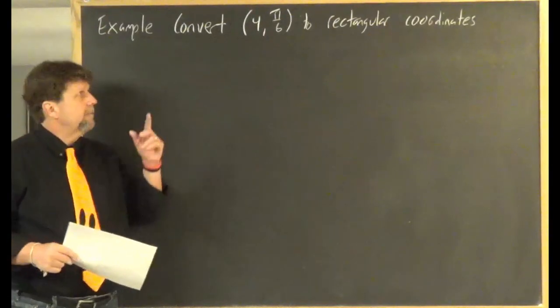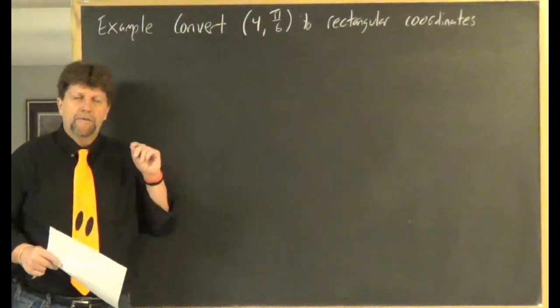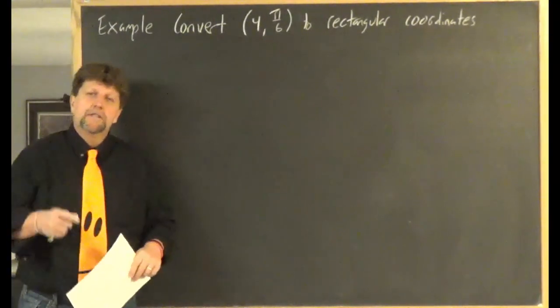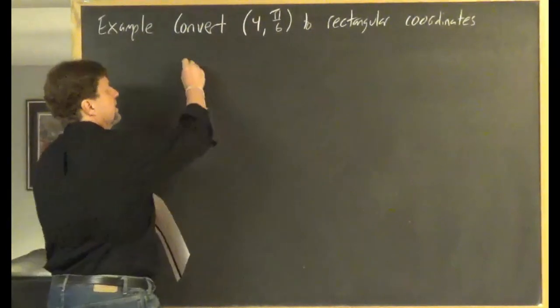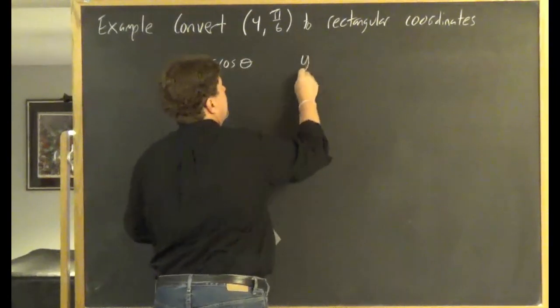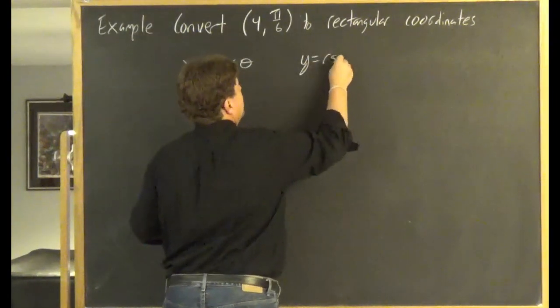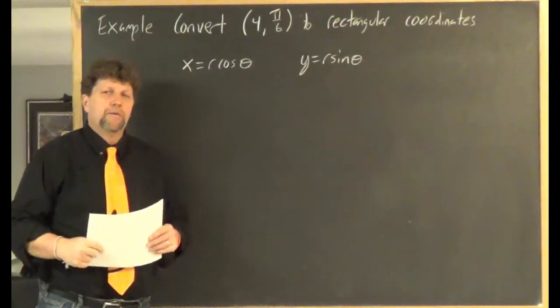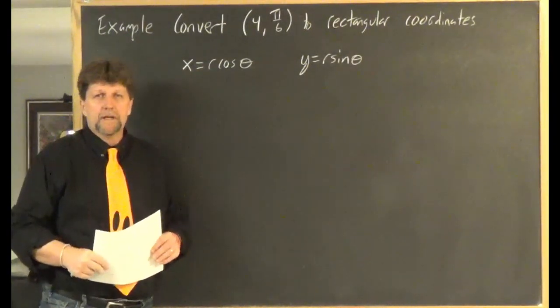All right, folks, in this example, we were asked to convert the polar point 4, pi over 6, to rectangular coordinates. It's a pretty straightforward process. In fact, let me just foreshadow the next section when we do the calculus of polar coordinates.